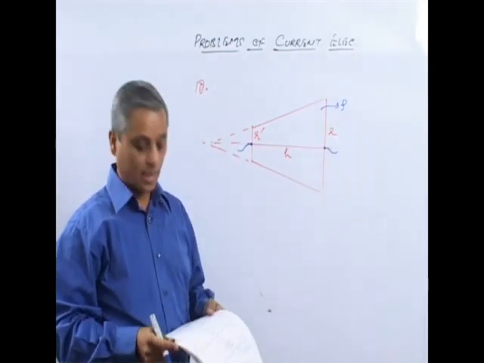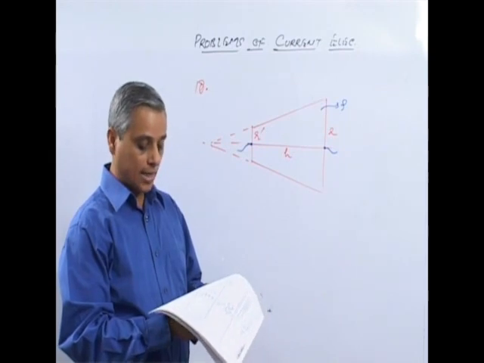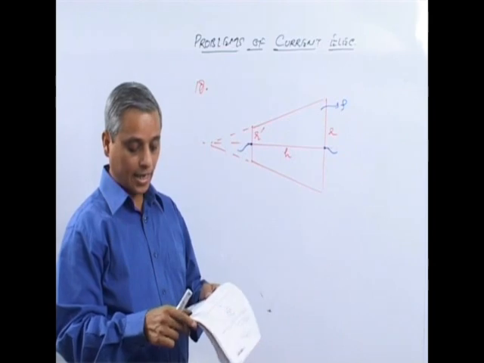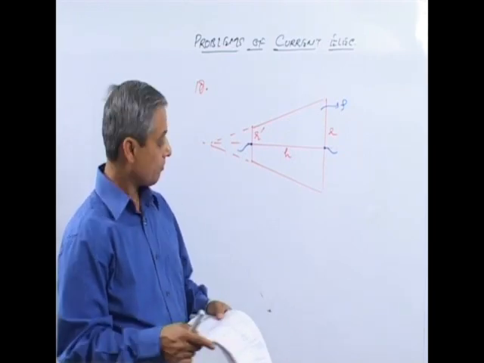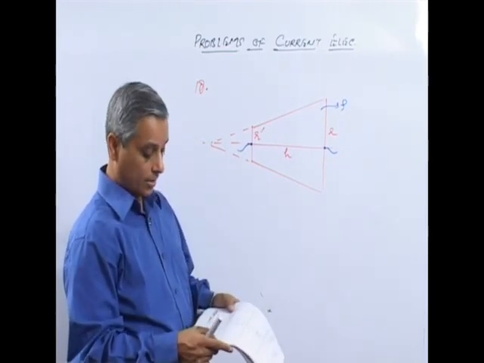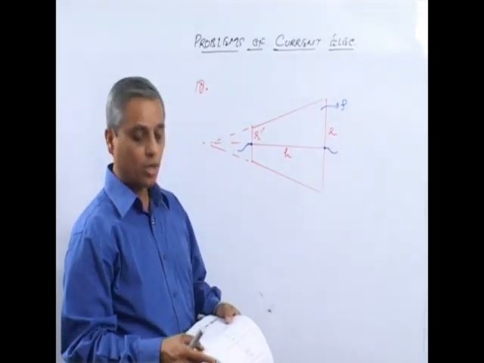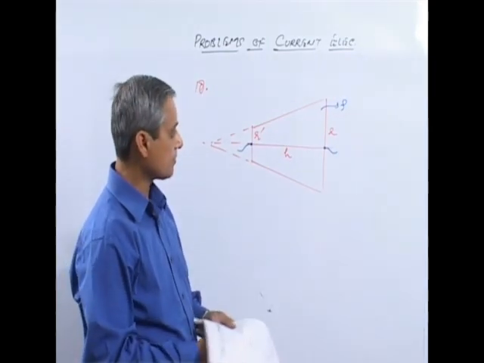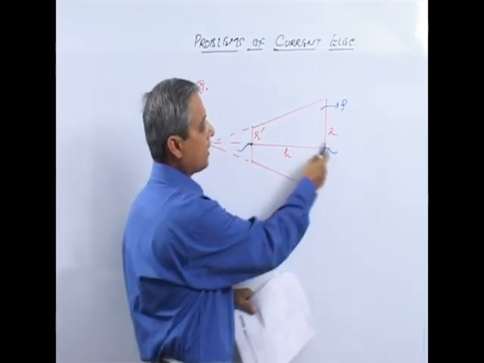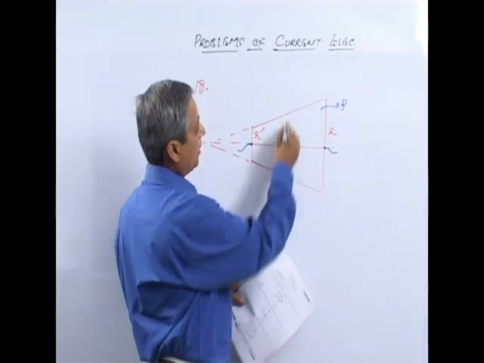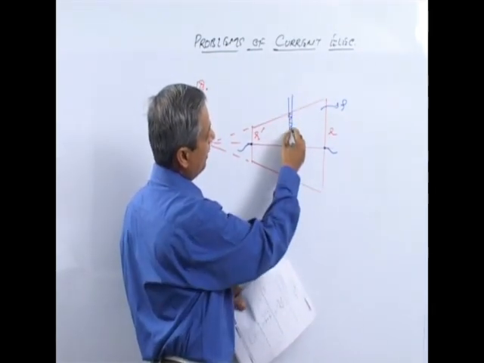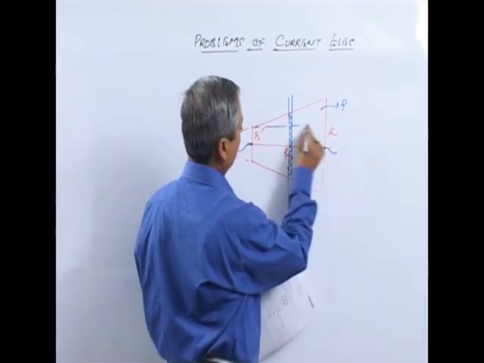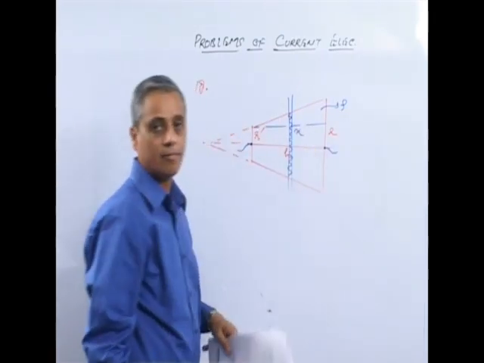The statement of the question goes like this. A right circular cone is truncated at height H. The radius of the base is R dash and that of the top is R. Then the resistance of the truncated bottom portion is. Now here, if you are trying to calculate resistance between these two terminals, think of elements like this, and let's say the radius of this element is x.